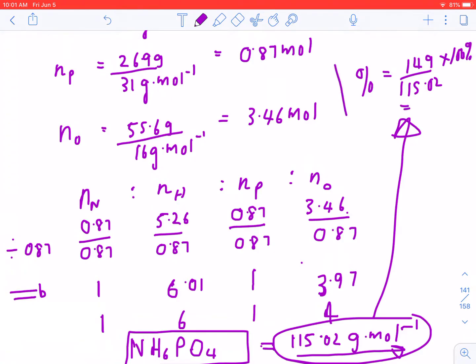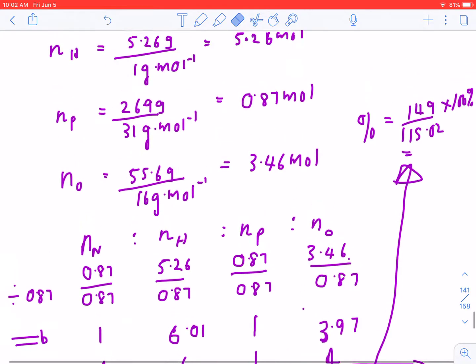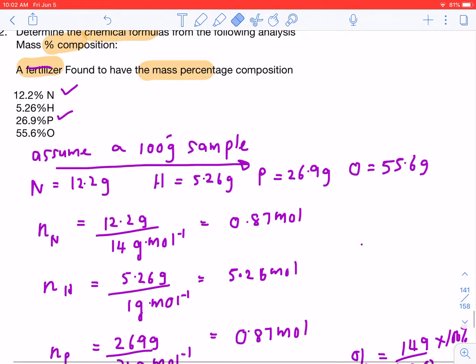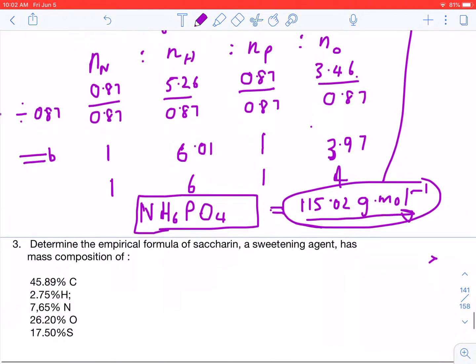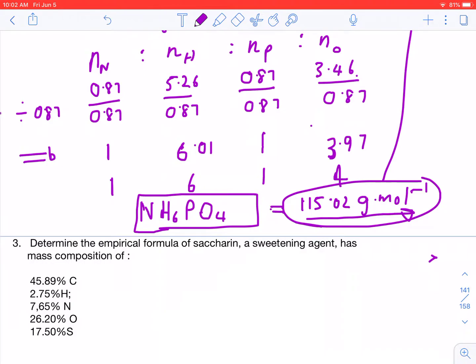I get 12.2%, just to illustrate this one. That helps, because sometimes if you're not sure if your formula is right, you just double check your percentage composition, then you say, okay, that's fine.